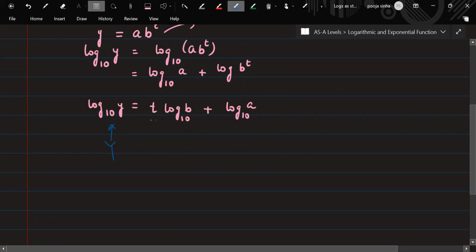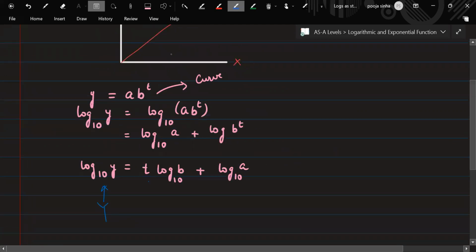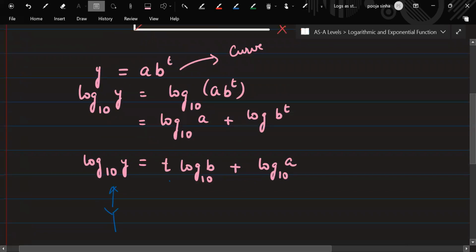Basically, what were the two variables? Like x and y, here the variables were y and t, which means on one axis it was y and on the other it was t, and you would have got a curve.